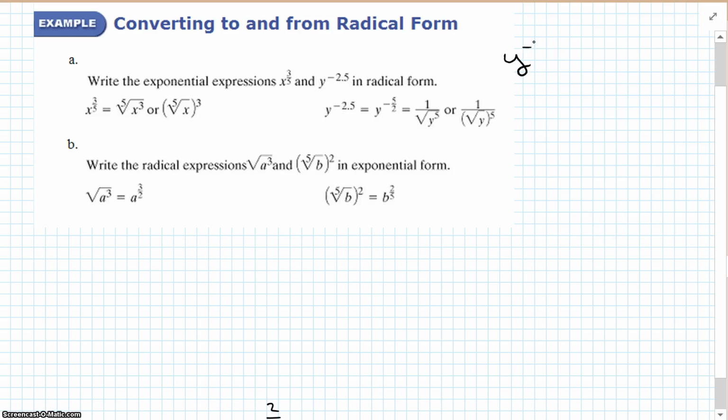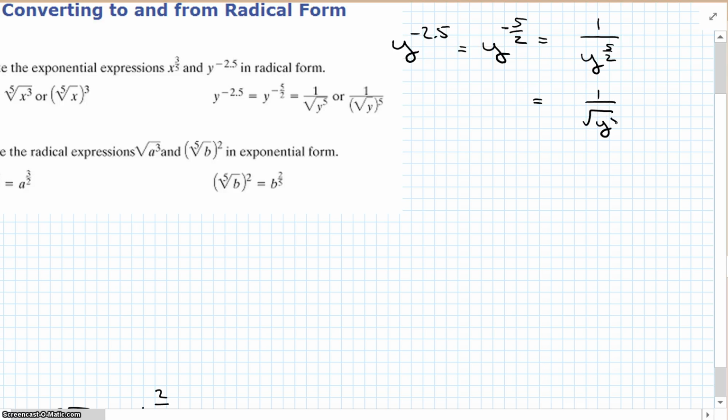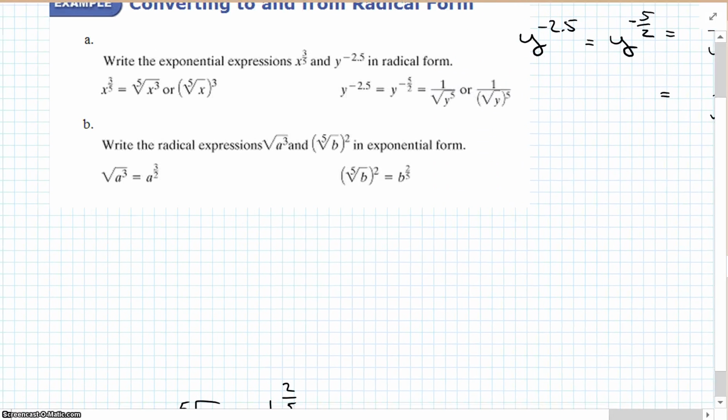So y to the negative 2.5 is the same thing as y to the negative 5 halves, okay, which is the same thing as 1 over y to the 5 halves, okay, which is the same thing as 1 over the square root of y to the 5th, which we'd have to rationalize and all that fun stuff, but that's not what we're working on right now.